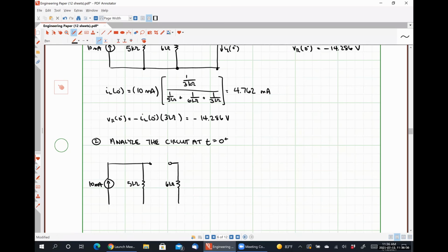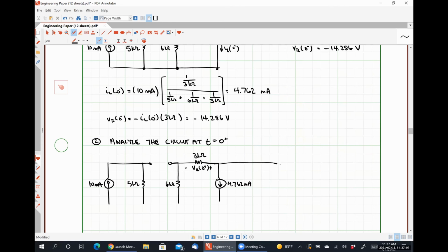Our 6 kilo ohm resistor. Our 3 kilo ohm resistor, over which some voltage VR at 0 plus will occur. We're going to replace our inductor with a current source, so it has the same direction as our inductor current and also the same value, so 4.762 milliamps.